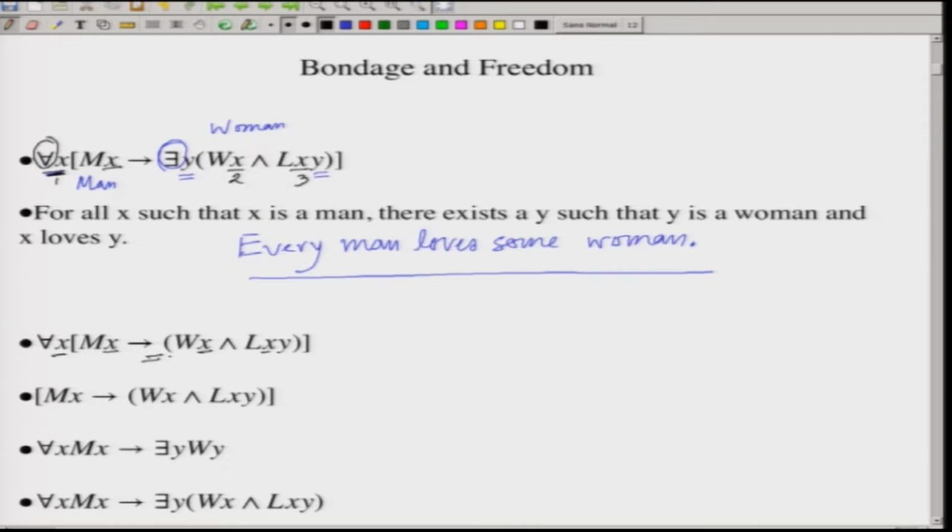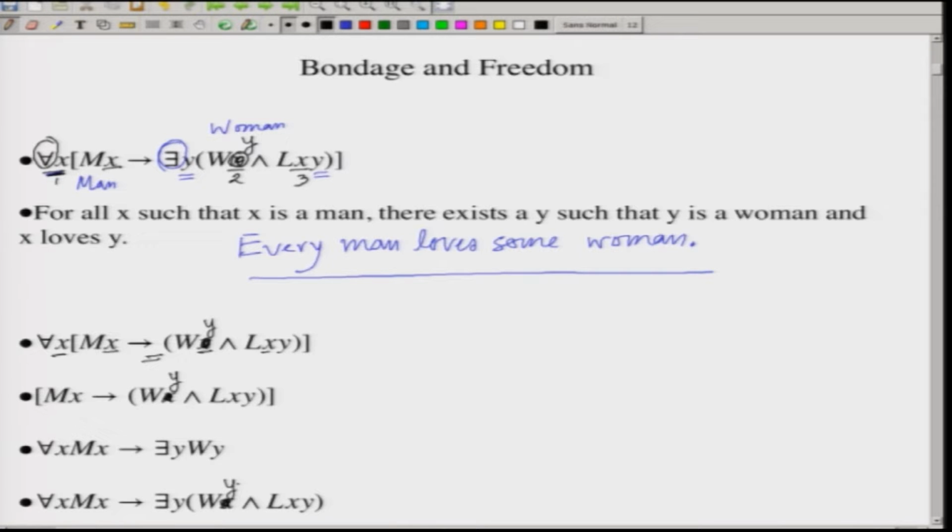Now, what does it mean? It means that for all x, if x is a man, then x is a woman, and I think we need some correction. Here instead of x this should be y, and if we correct here also, we just change all x's to y, otherwise it does not make much sense. I made a mistake in typing.